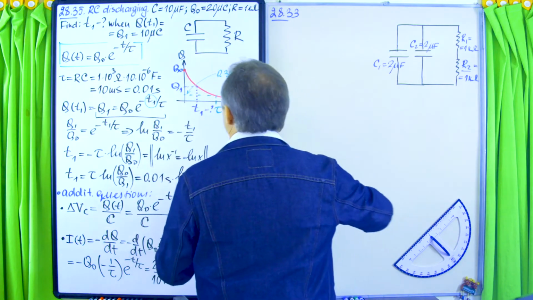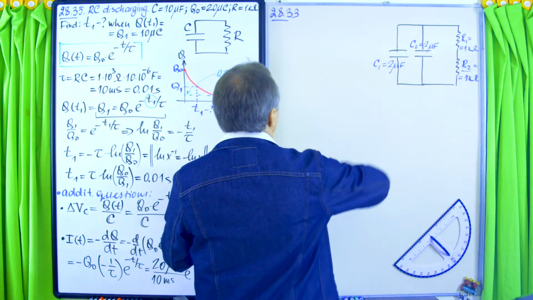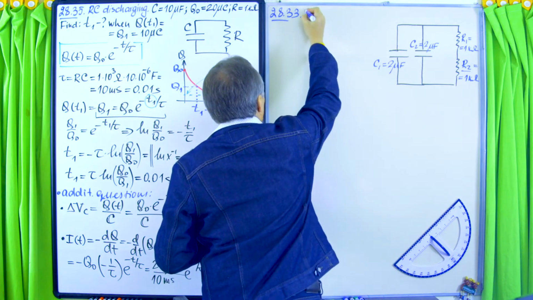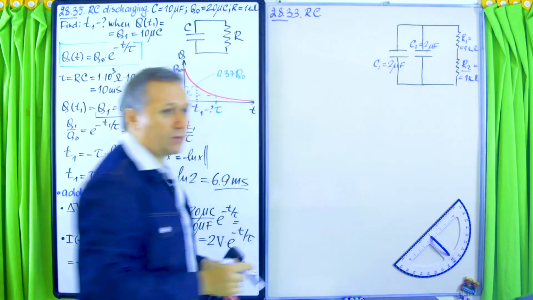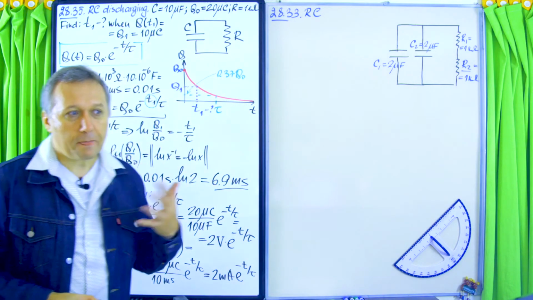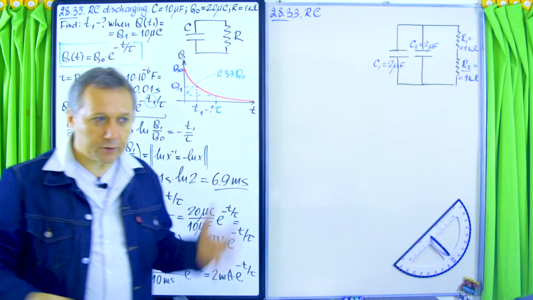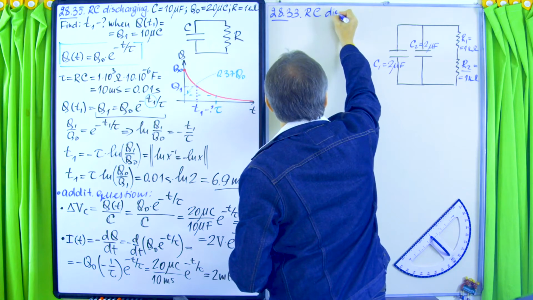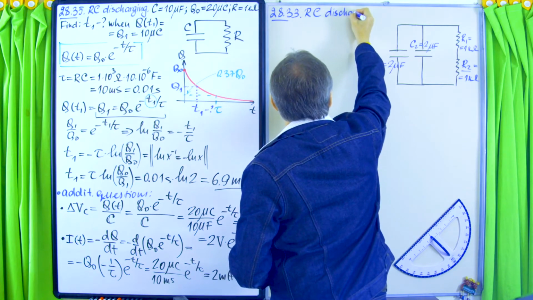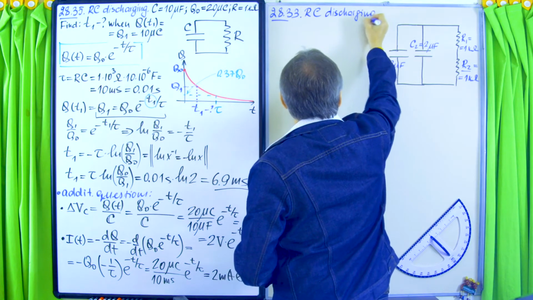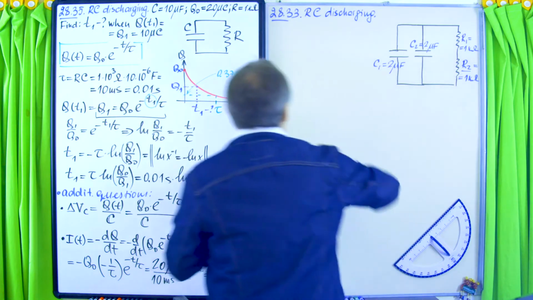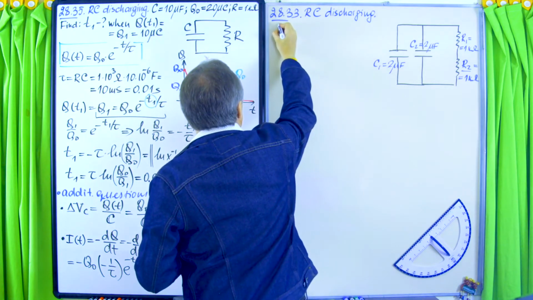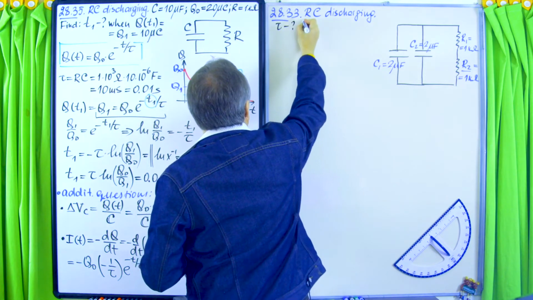So let me first emphasize that this is still discharging, right? Because it's important, because as I told you, sometimes students just use the wrong expressions for the wrong situation. So RC, and let me write discharging. Right. And as I said, we need to find the RC time constant.